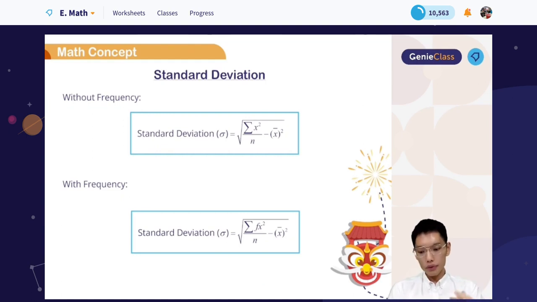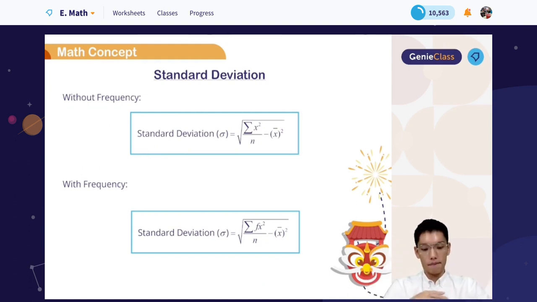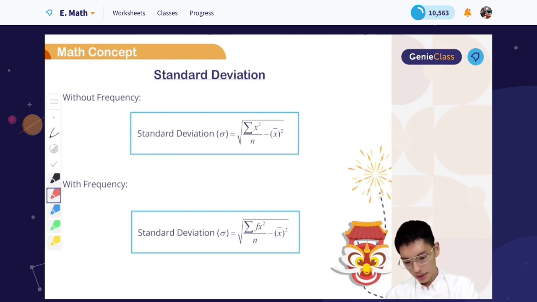Now, relative to the mean, you realize over here, the minus sign actually demonstrates how far they are away from the mean. And we take the square because sometimes the value can be below the mean. Henceforth, we want to make sure that there are no negative values, all positive. So that's where we talk about squaring the mean. So we talk about the distance away from the mean. Okay, so how do we interpret this?